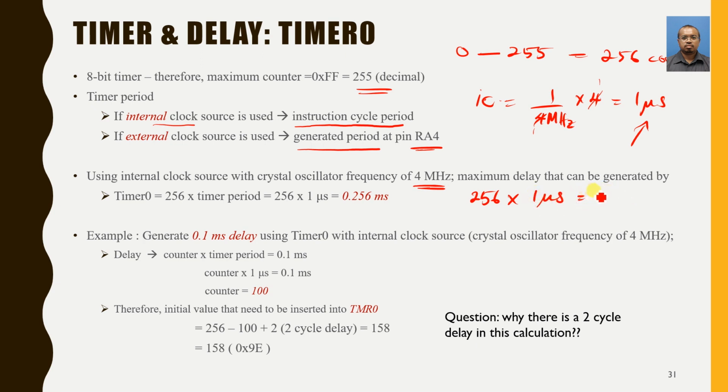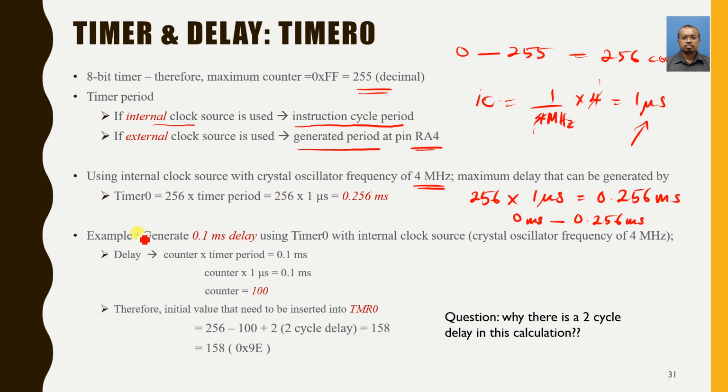You will have about 0.256 millisecond. Meaning you can start the timer from 0 milliseconds up to a maximum of 0.256 millisecond. Right, this is assuming that you have not set any prescaler.